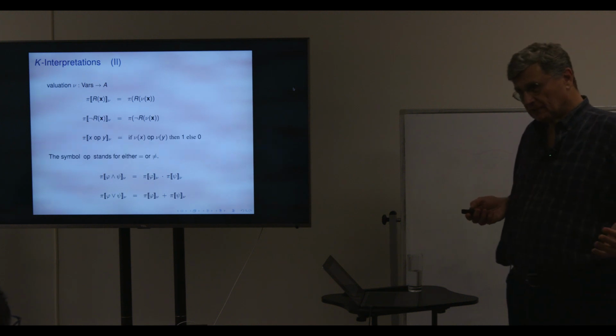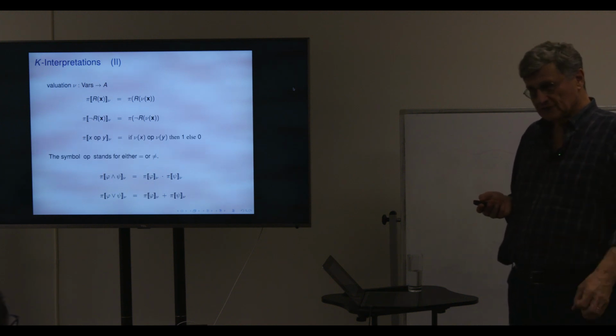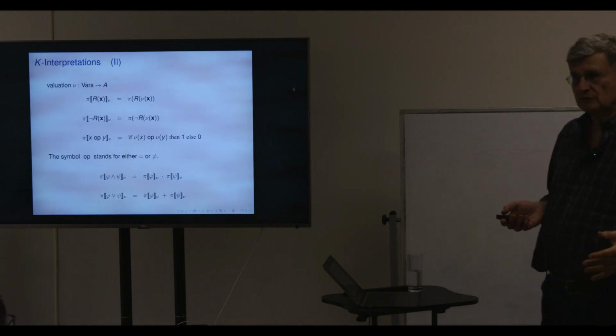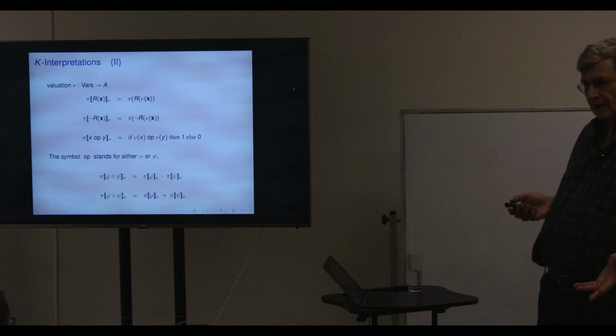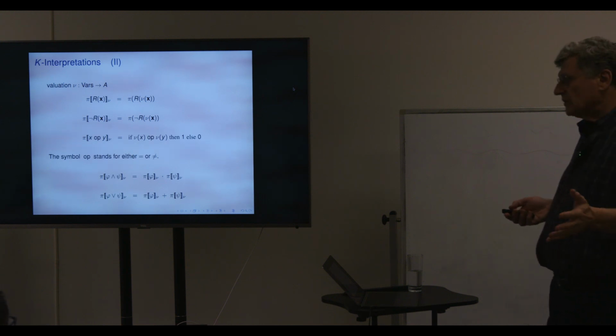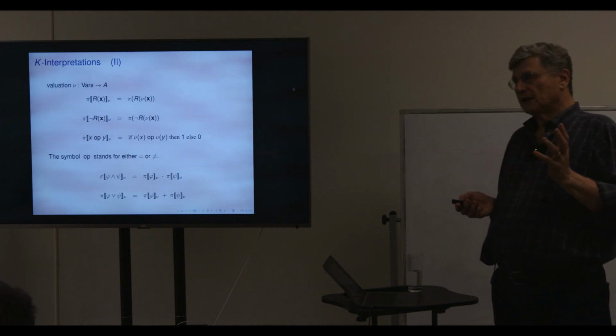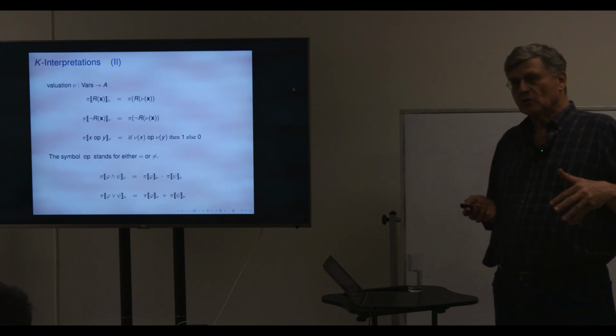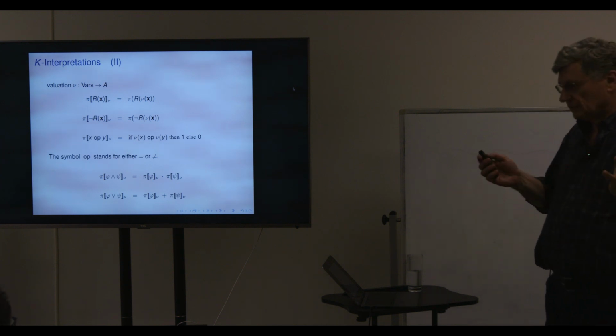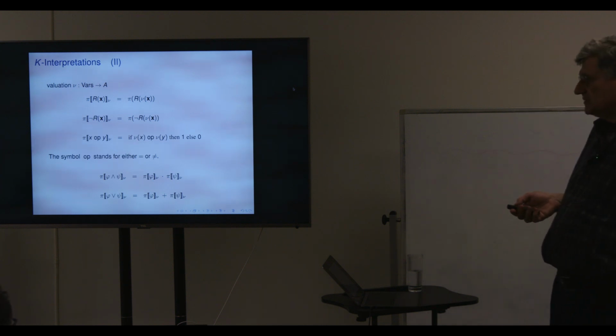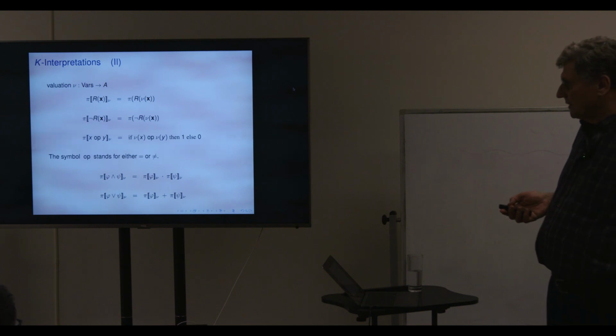I'll explain why, because I have a certain meaning for 1 and 0, which of course in the case of Booleans is the right one. And it's a question why I do not interpret equality or this inequality in a more nuanced way, but for various reasons, we skipped that.